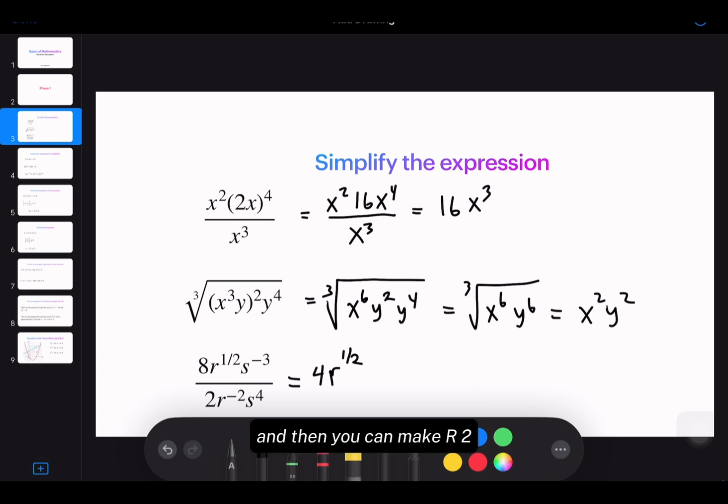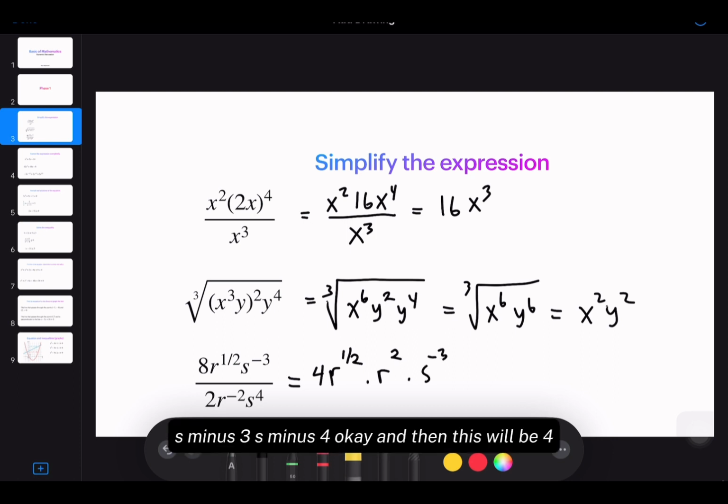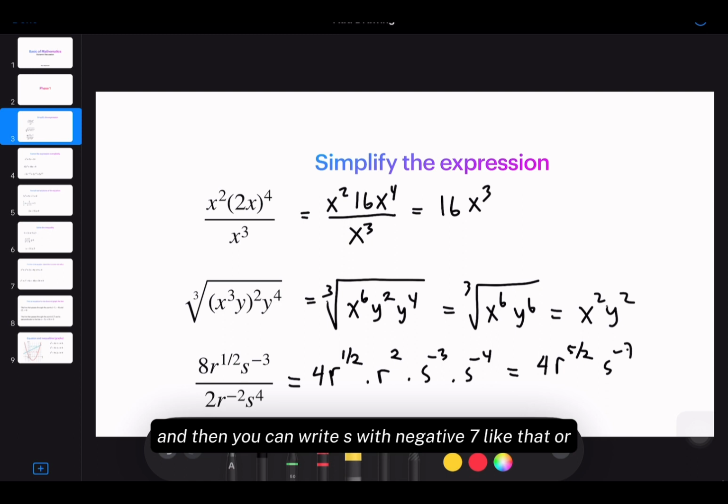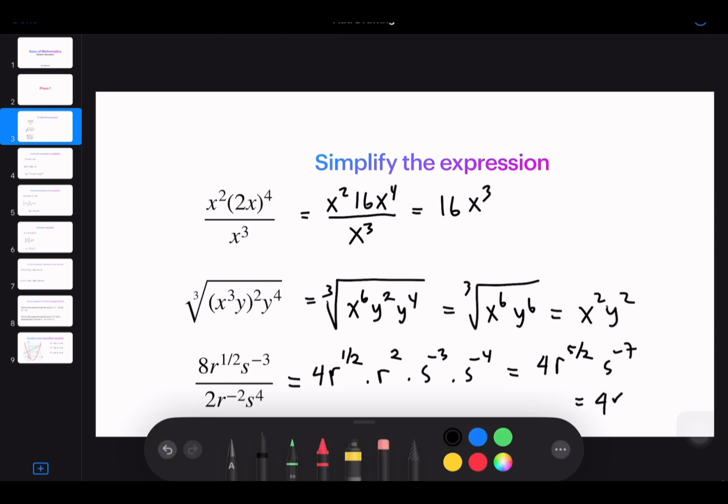And then you can make r squared, s minus 3, s minus 4, okay? And then this will be 4r. Half plus 2 is 5 over 2. And then you can write s with negative 7 like that, or you could write it over s with power of 7. This should be okay.